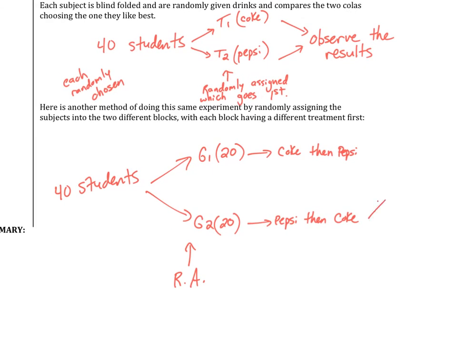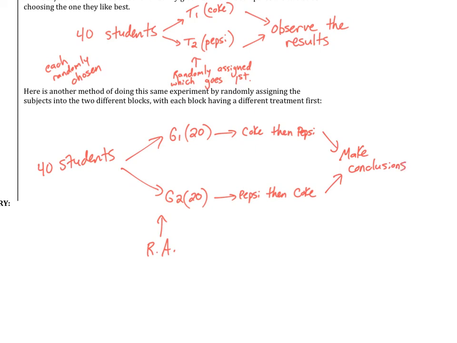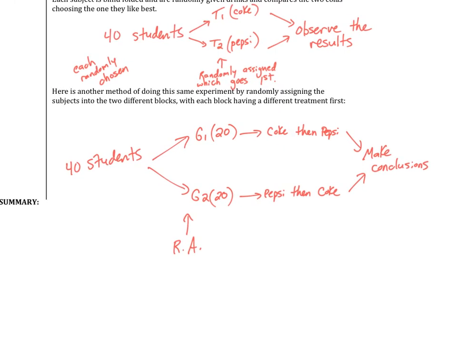Okay, and then at the end, we will make conclusions. All right, so there's matched pair design and then there's block design. Both of them would work to see if Coke or Pepsi is a better choice.